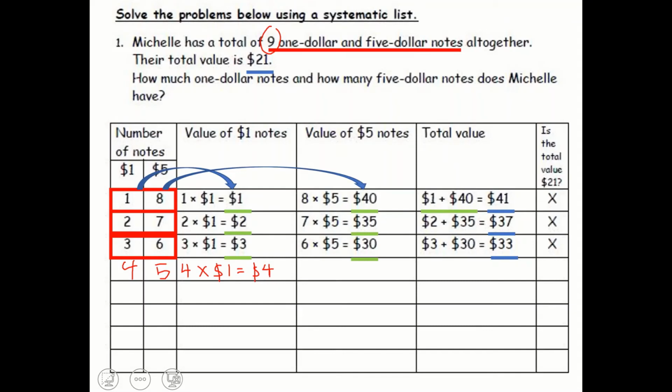Now we have to find the value of the $5 notes, so it will be 5 times $5, and this will give us $25.